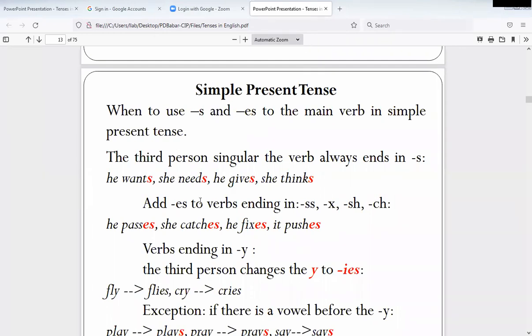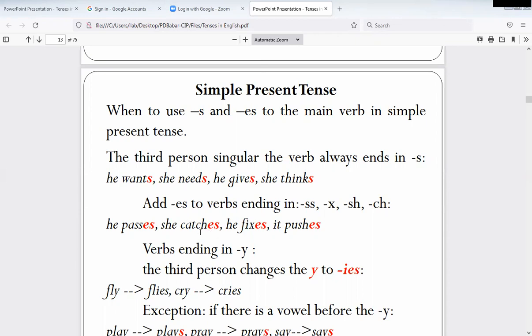Then she catches. Catch is the verb in the example, and it ends with ch.